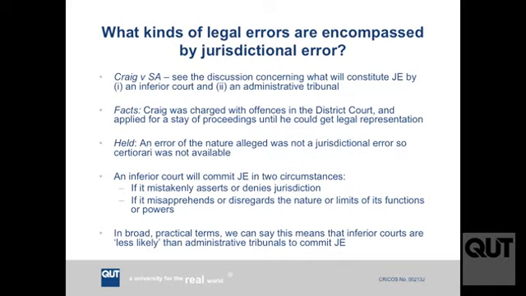An example of this might be if an inferior court can only hear compensation matters under $20,000 and it hears a matter in relation to more than $20,000. The first question is, can it hear compensation matters? And the answer is yes. The second question is, what can it do within that jurisdiction? And the answer is that it can't exceed the $20,000 limit.